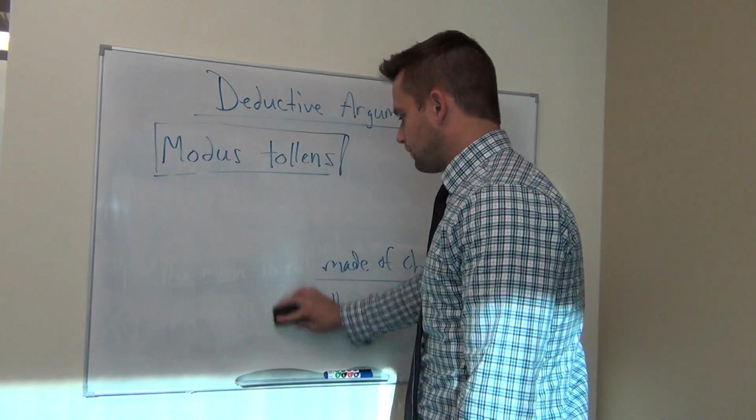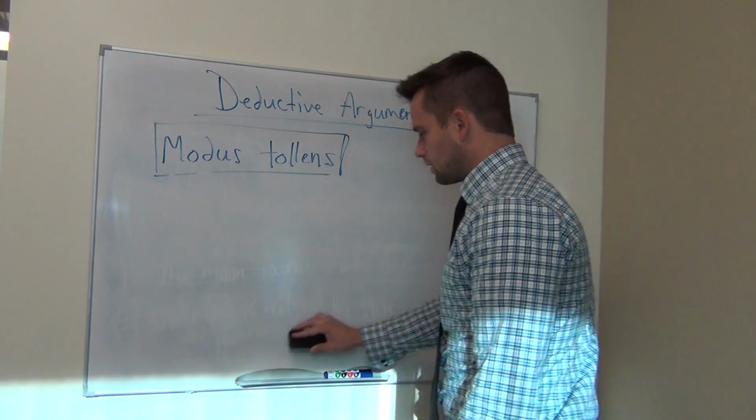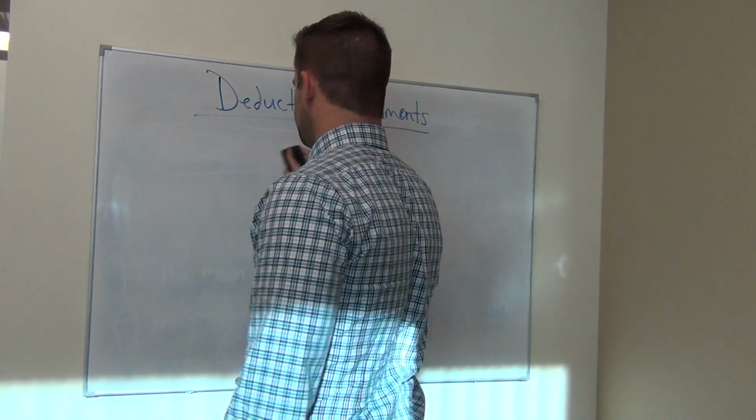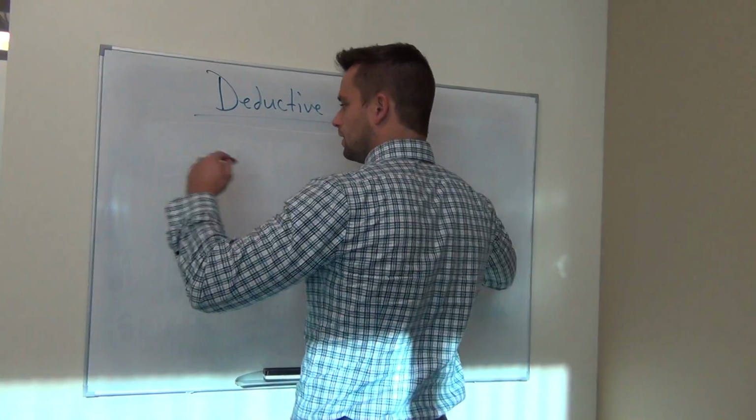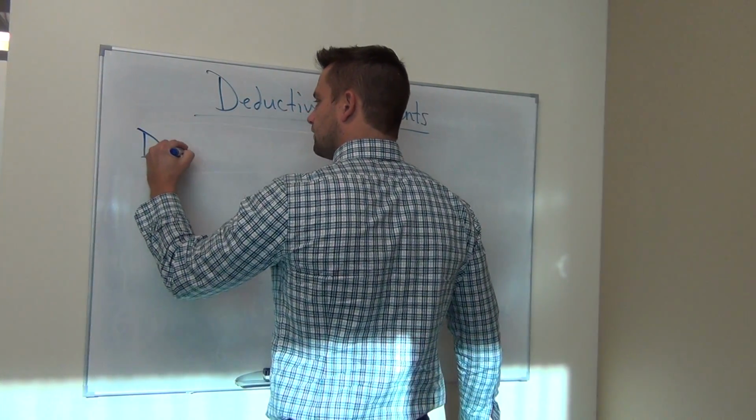But there's an invalid form that looks very much like modus tollens. And this one is called denying the antecedent.